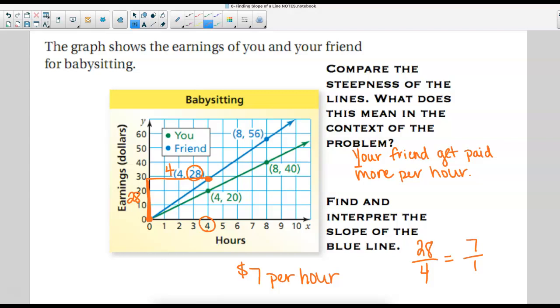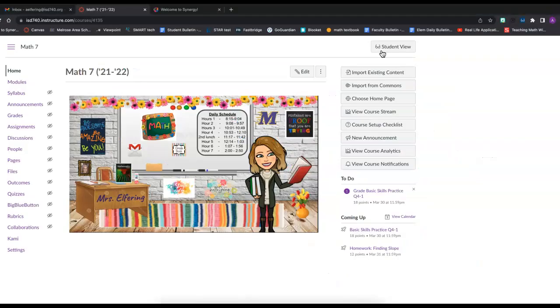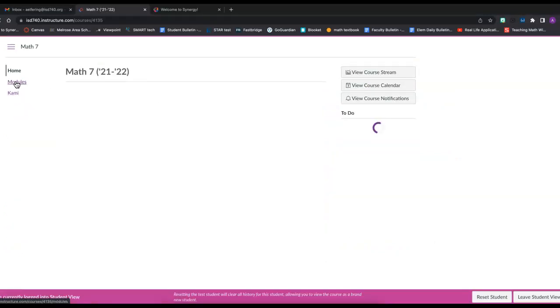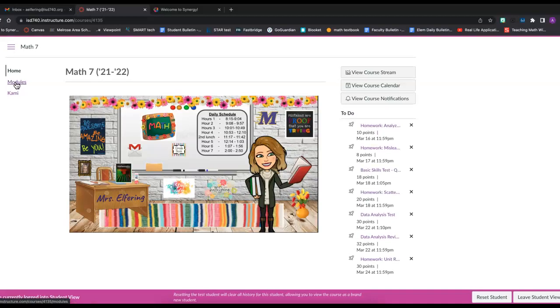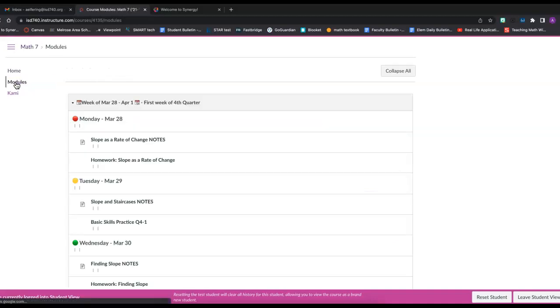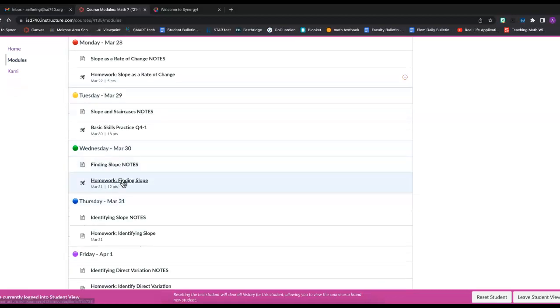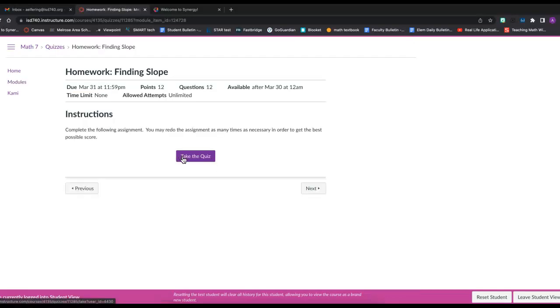Questions there? Any questions about how to find slope? Okay. Then you're going to go to Canvas for your homework. On Canvas, under the modules, you're going to go to Wednesday where it says finding slope. It's 12 points.